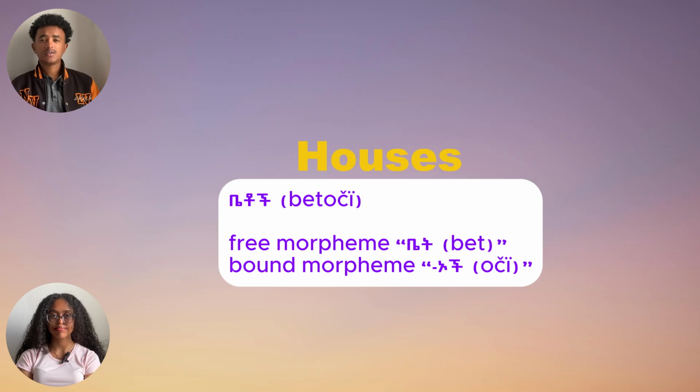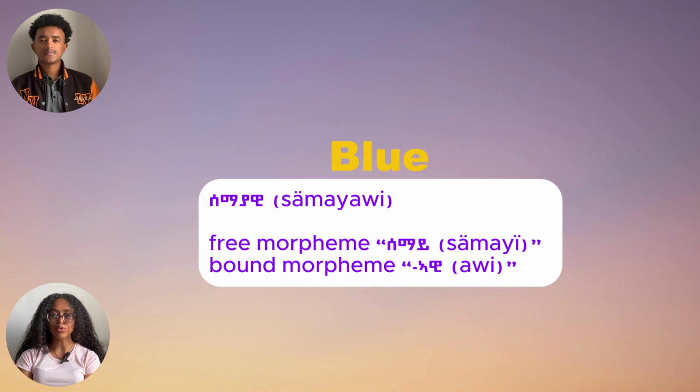betoč, which is comprised of the free morpheme bet and the bound morpheme och. Blue, sämayawi, which is made from the free morpheme ሰማይ and the bound morpheme awi.